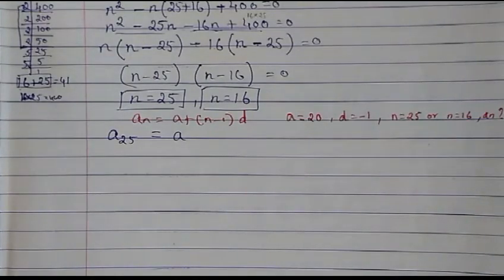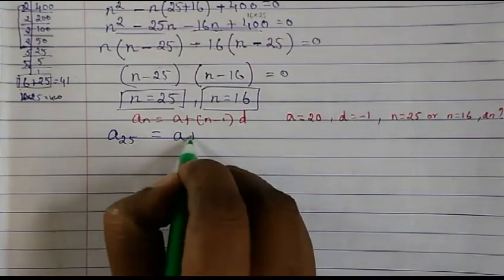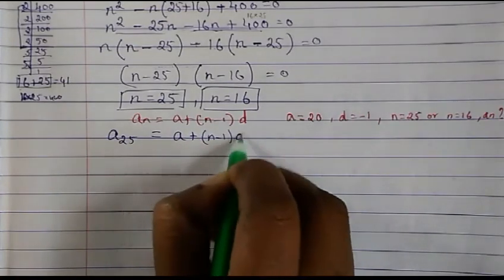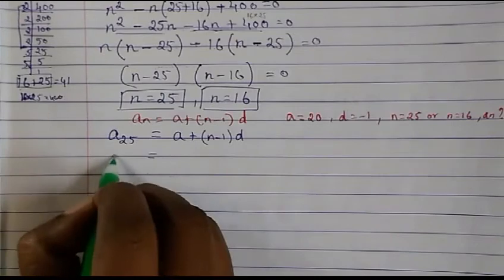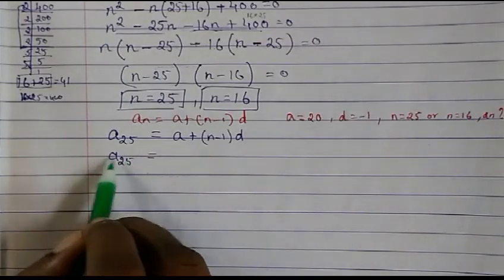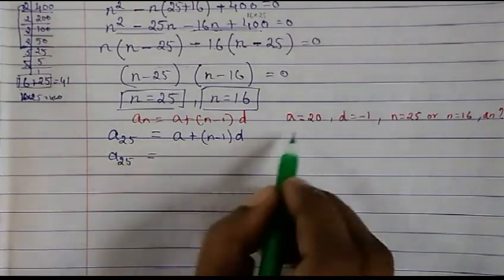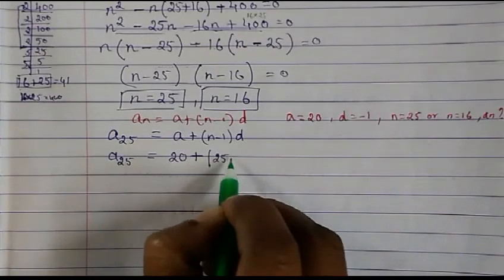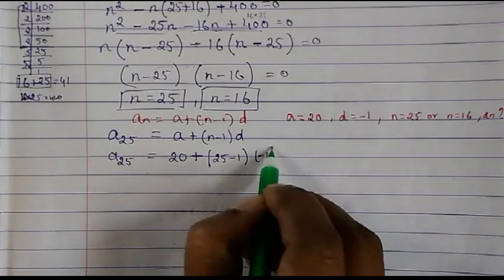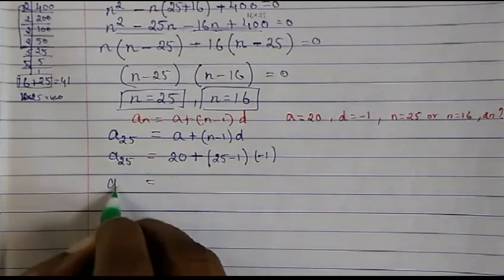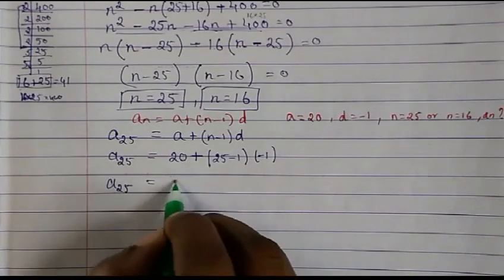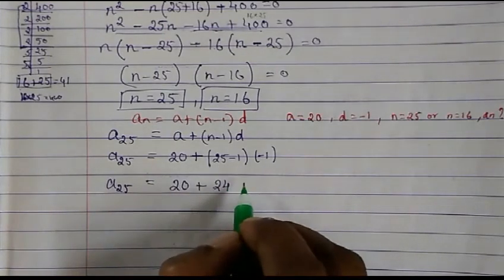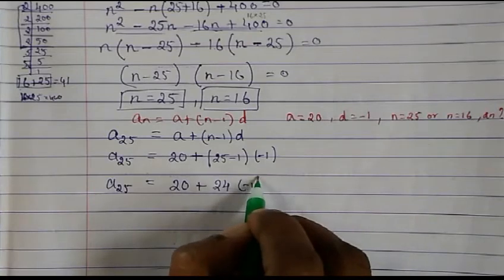So that means a plus n minus 1 d. If 25 rows, what will be the value of a? Let's find out. We know a is 20, n is 25 minus 1, d is minus 1. So 20 plus 25 minus 1 will give us 24, and this is minus 1.